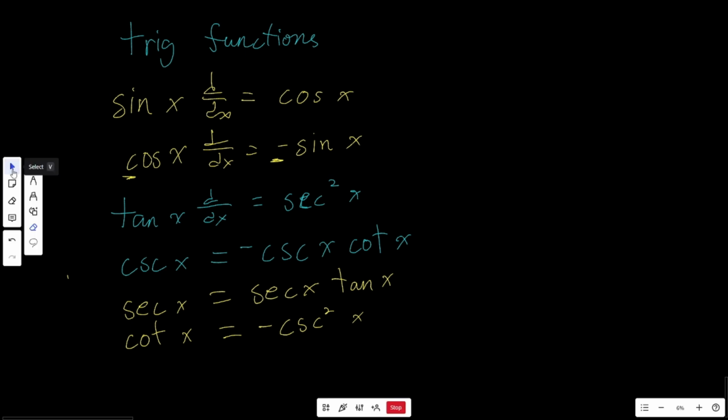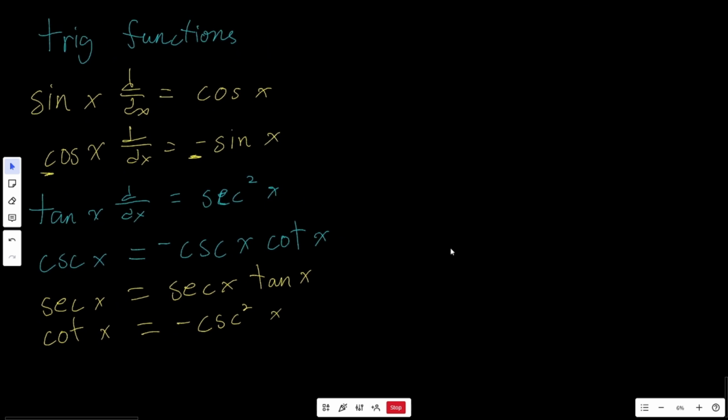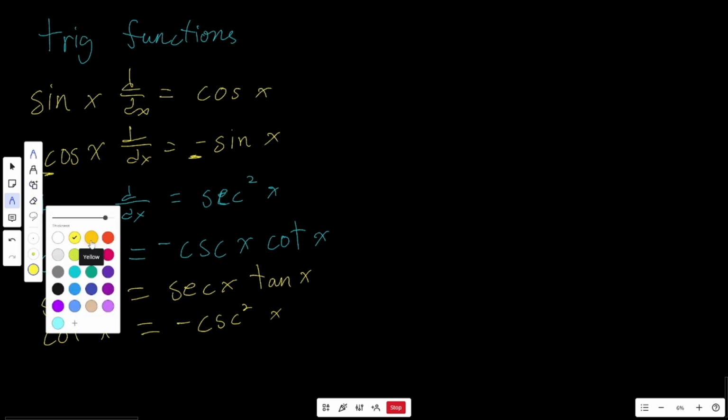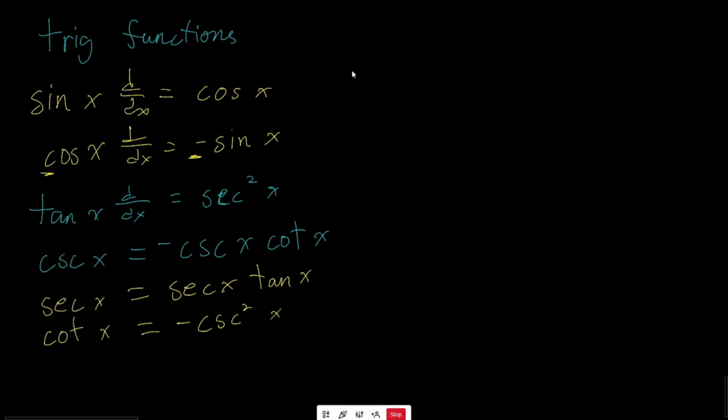Now, these functions are all following the chain rule. What does that mean? Basically, we won't always have sine x. Sometimes we'll end up having sine 4x or something like that.